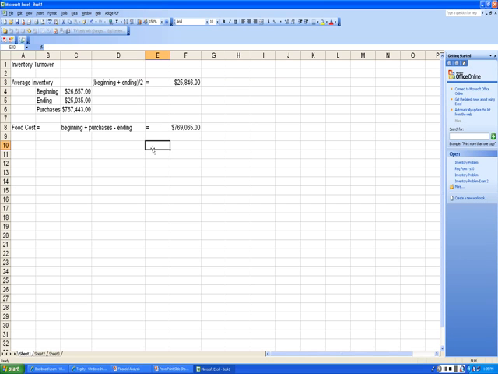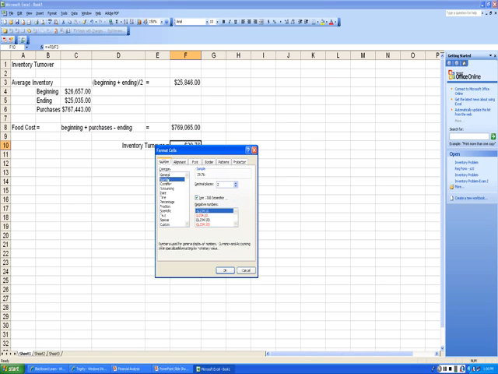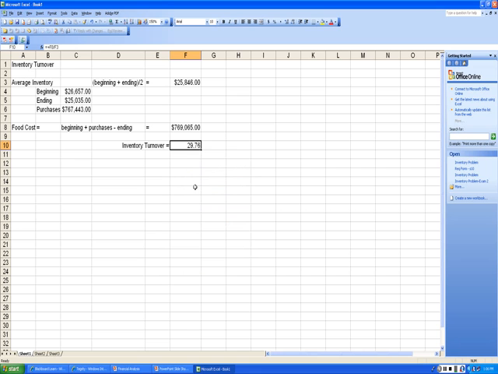So inventory turnover equals the food cost divided by average inventory. We don't want that in dollar signs. So our inventory turnover for the Eccles Steakhouse was 29.76.